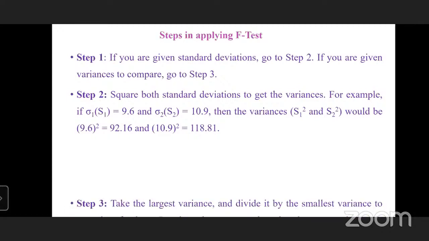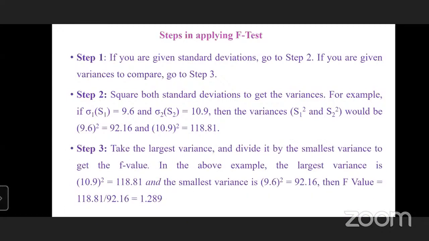नेक्स्ट स्टेप. Take the largest variance. पहिल्यांदा लार्जेस्ट घ्या. आता कोणतं मोठं आहे दोघांपैकी? S1 स्क्वेअर मोठा आहे का S2 स्क्वेअर मोठा आहे? तर S2 स्क्वेअर मोठा आहे. हे 118 वाला मोठा आहे, ते अगोदर घ्या आणि नंतर डिव्हिजन मध्ये 92.16 घ्या असं म्हटलेलं आहे. Take the largest variance and divide it by the smallest variance to get the F value.